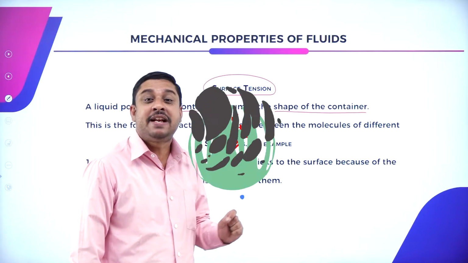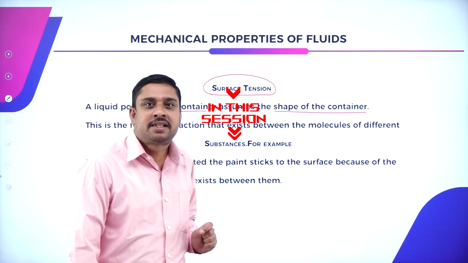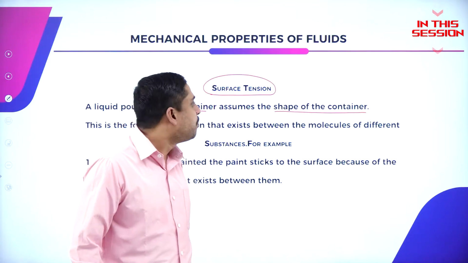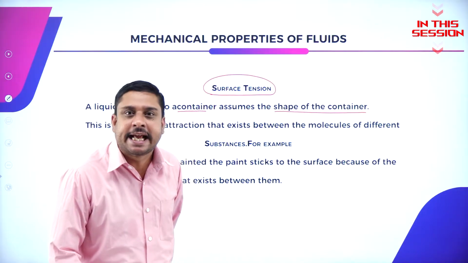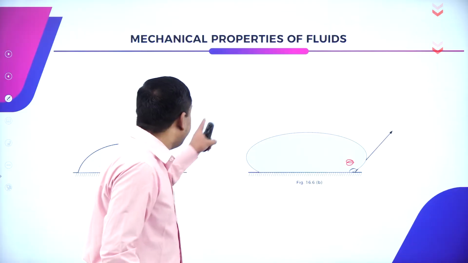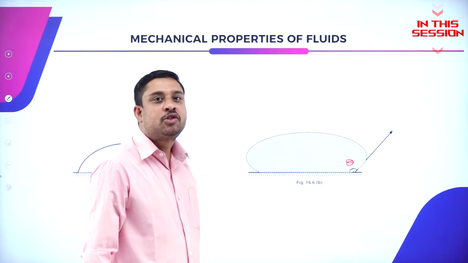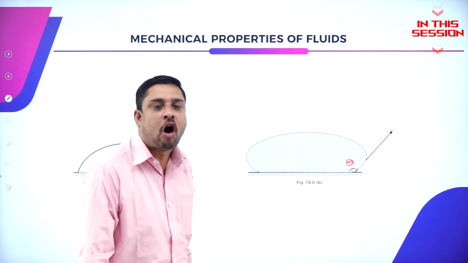It has a definite size, but it assumes to take the shape of the container. The liquid is in contact with solid here, and that is called angle of contact.